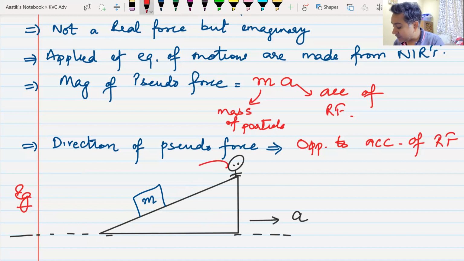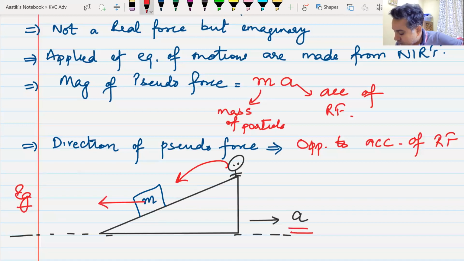I need to apply which force? Pseudo force. What will be the magnitude of the pseudo force? Mass of the block, the particle, into the acceleration. And what will be the direction of pseudo force? Opposite to the acceleration of the reference frame.